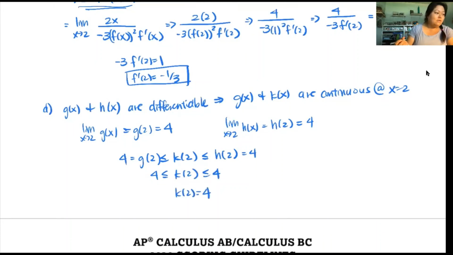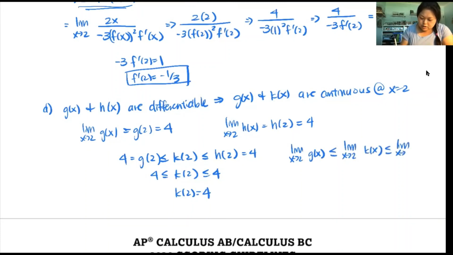And so if k of 2 is equal to 4, we can also look at the limit. The limit as x approaches 2 of g of x sandwiches the limit as x approaches 2 of k of x, which sandwiches the limit as x approaches 2 of h of x. Well, these are equal to 4.